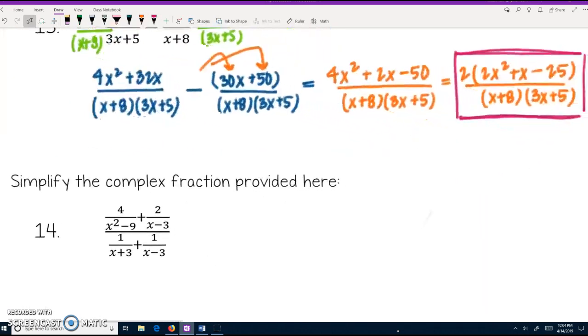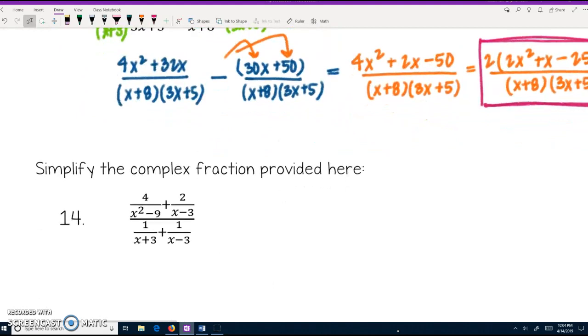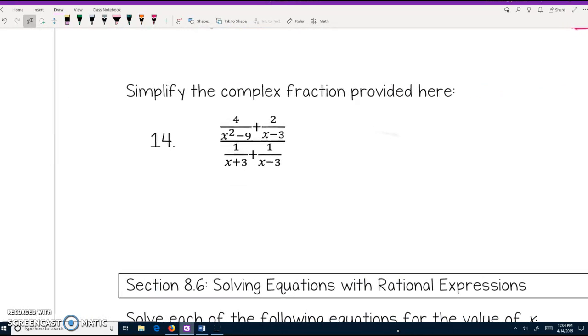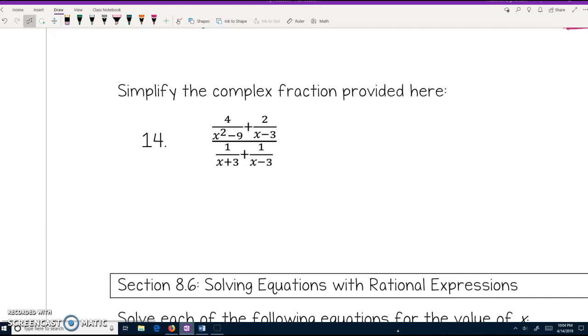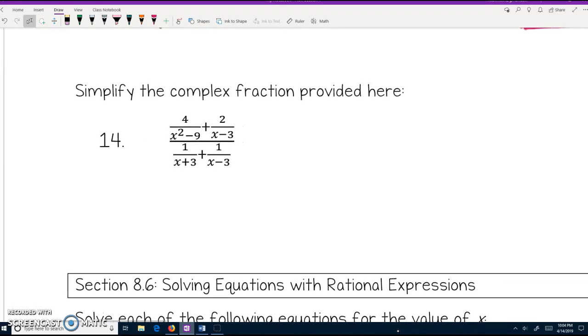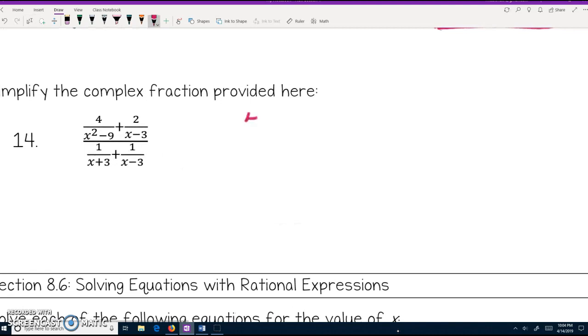Next up, we have a complex fraction to simplify. So for complex fractions, anytime I see a quadratic, I want to factor just like I would with our work adding and subtracting, so I can see how the denominators compare. So this 4 is over x squared minus 9, which I can use a difference of perfect squares factoring pattern to break apart to be x plus 3 times x minus 3.